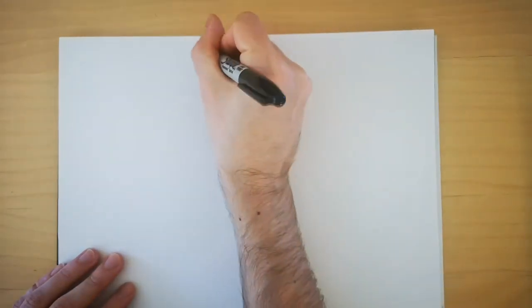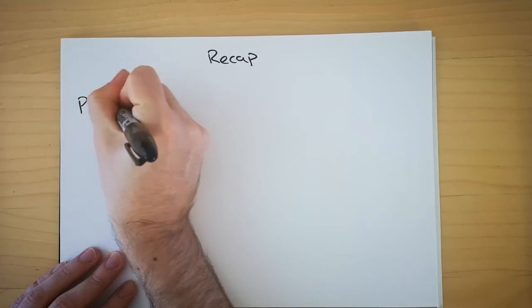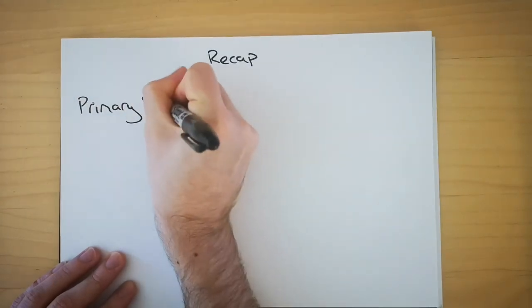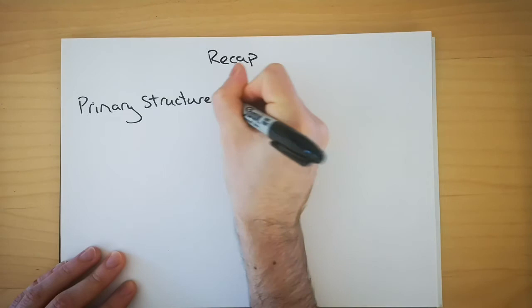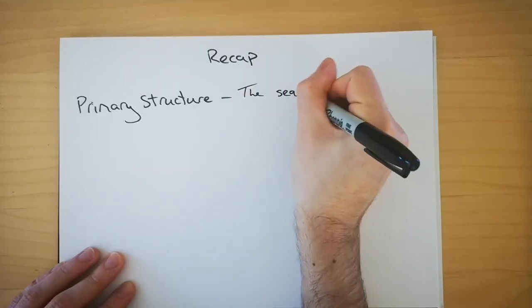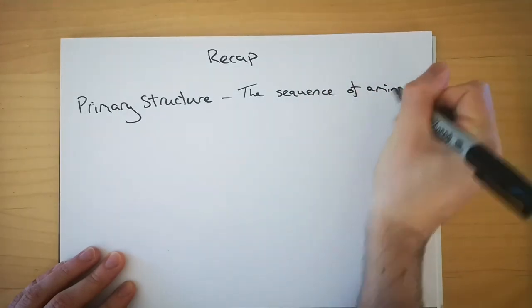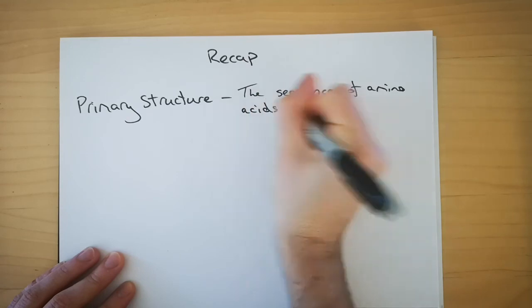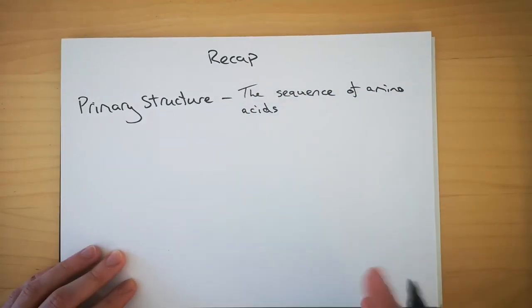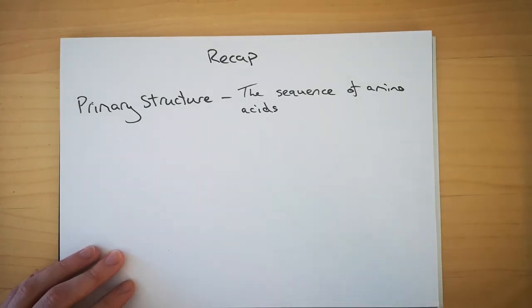The main things that we really want to take away from today is that the primary structure of our protein is the sequence of amino acids. So that is simply the order in which we find the amino acids, and that order will create a very specific shape because of the bonding.